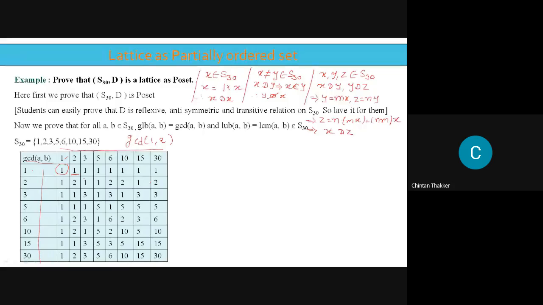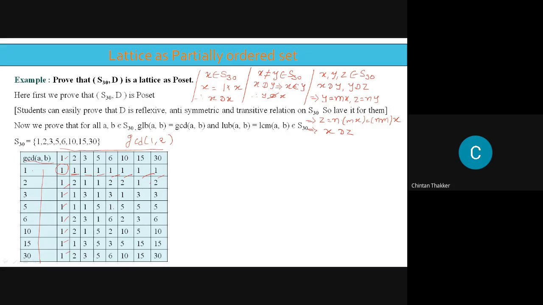That is why in the first row all the GCDs are 1, and also in the first column the GCD is always 1. Whenever either a or b is 1, the GCD is always 1. So the first row and first column are all 1.